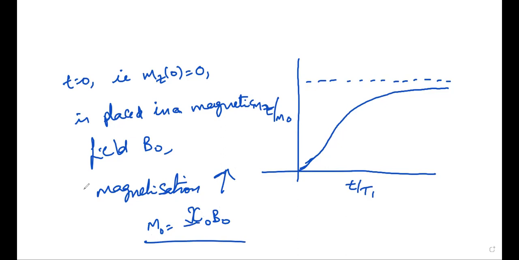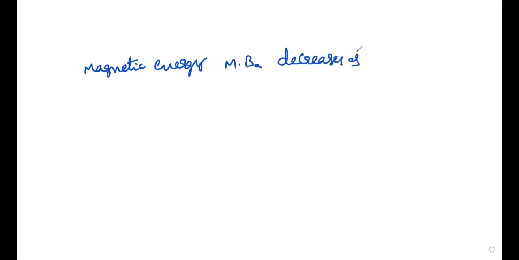Here the magnetic energy, M dot B, decreases as Mz approaches the new equilibrium value.